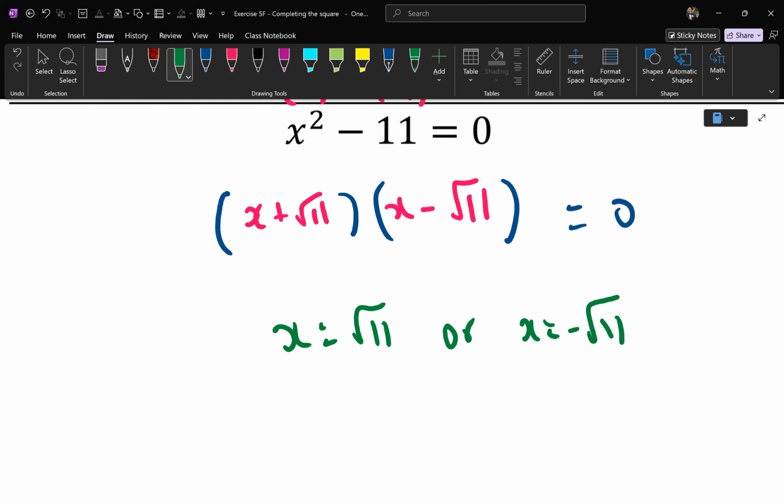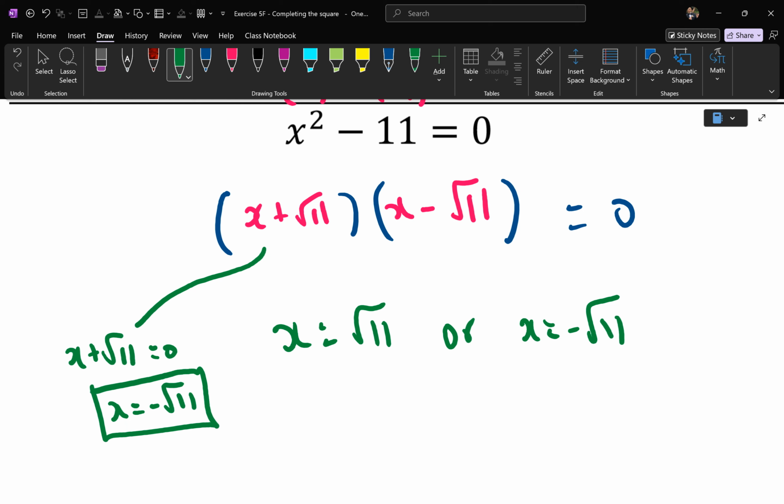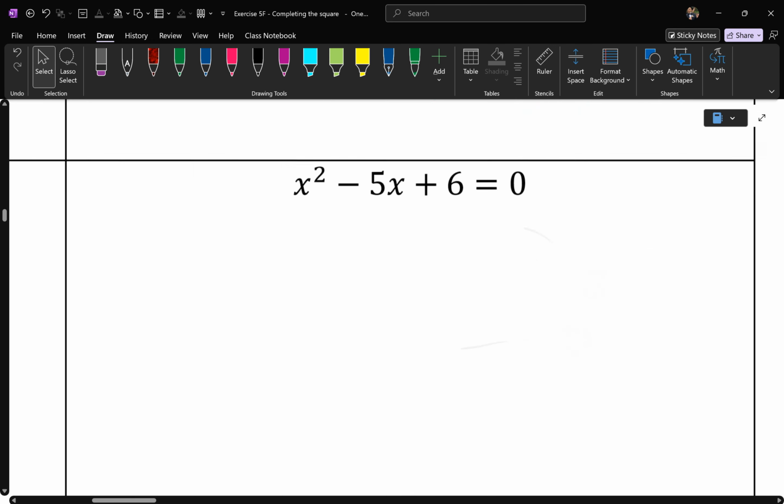Beautiful. Okay, so again, if you solve for each equation, x plus root 11 equals 0, minus root 11 on both sides, and you get x equals negative root 11. And same thing for the other one, you get positive root 11. Very good.